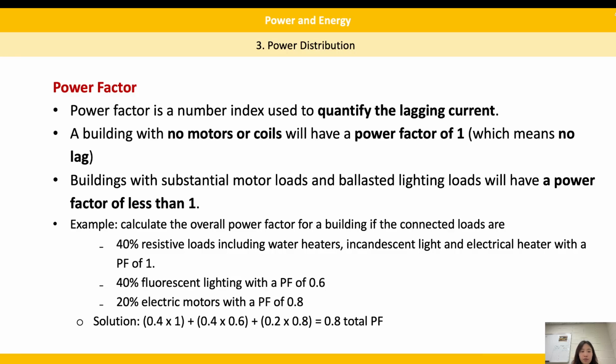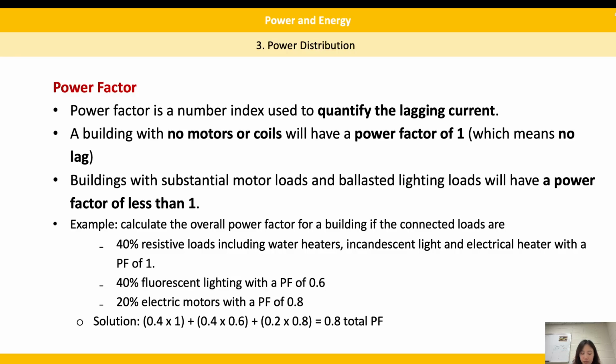So let's do an example. Calculate the overall power factor for a building if the connected loads are 40% resistive loads with a power factor of 1, 40% lighting with a power factor of 0.6, and 20% electric motors with a power factor of 0.8.